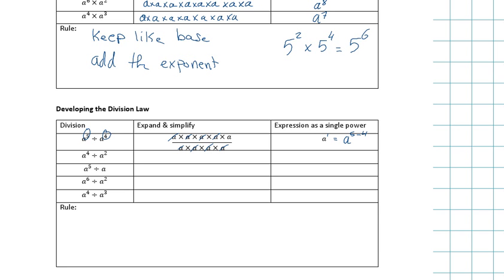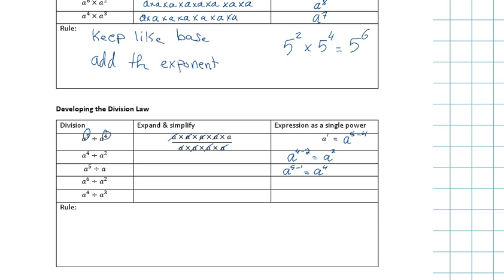The reason for that is because I'm simplifying. What would your answer be for the second one? a to the power of 2, because 4 take away 2 gives a to the power of 2. Do you guys understand why? How about the next one? a to the power of 4, because 5 take away 1 is 4.